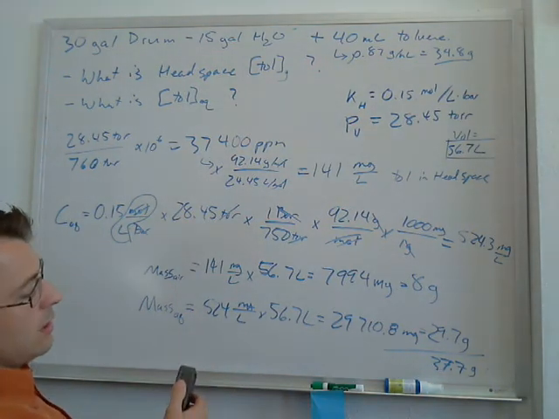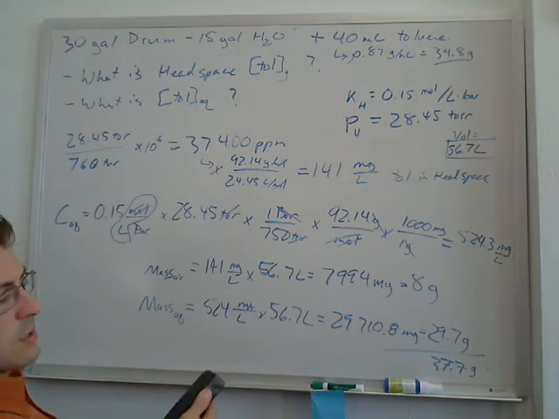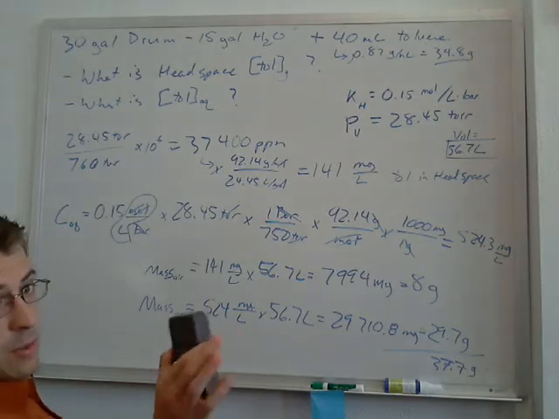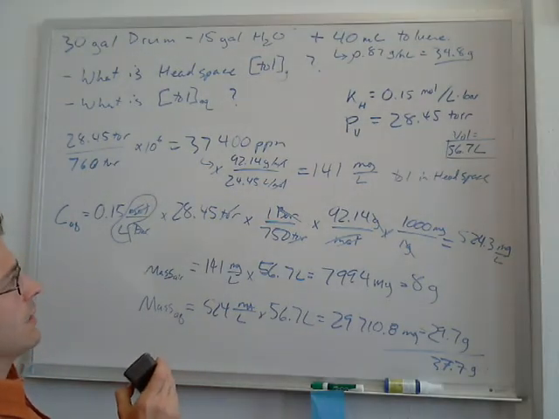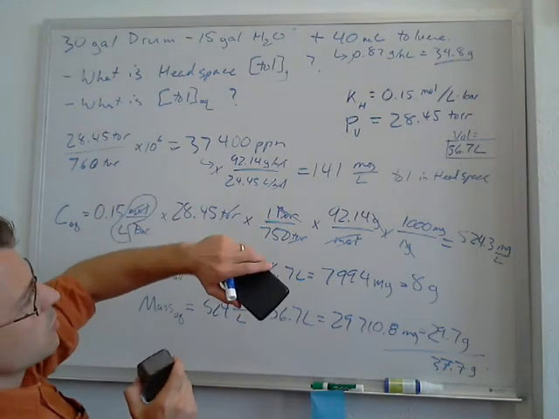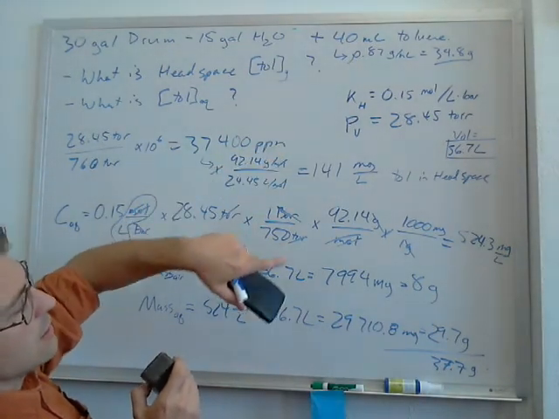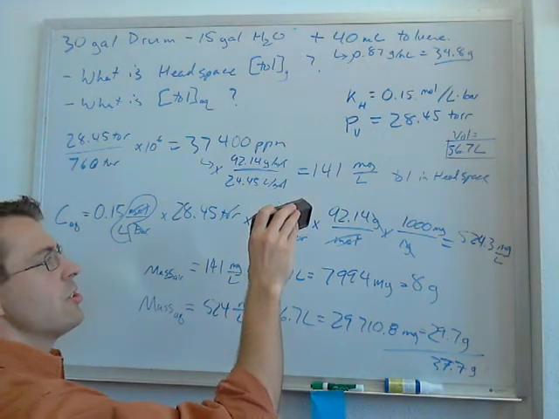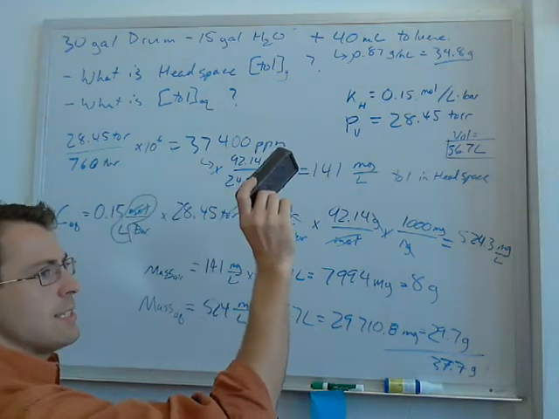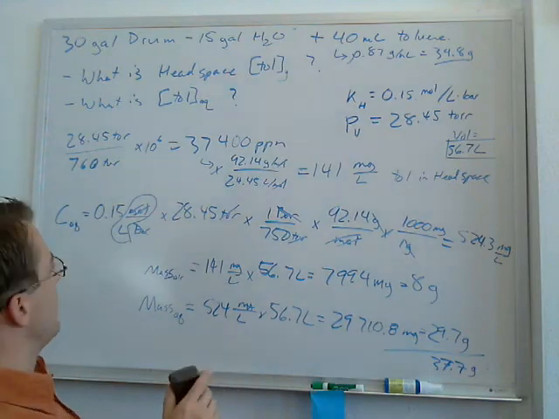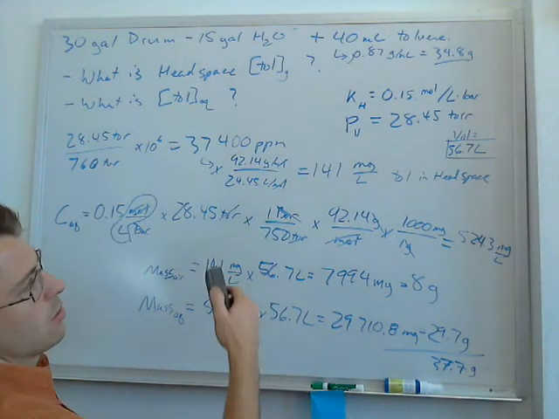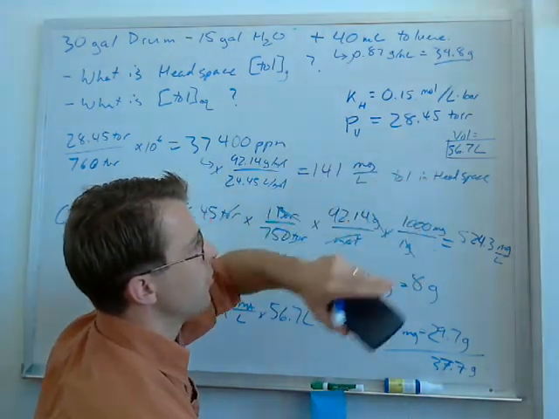We could go and set up systems of equations, like what's shown on the desire to learn, but we can also recognize that we've simply expressed our Henry's law constant in terms of concentration in the headspace versus concentration in the liquid. And we've done that at a particular pressure of 28.45.